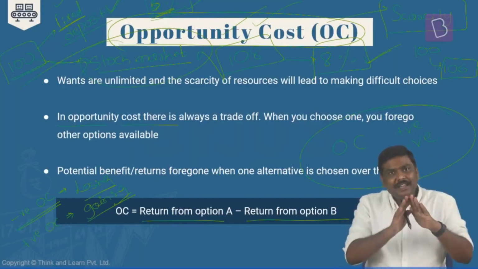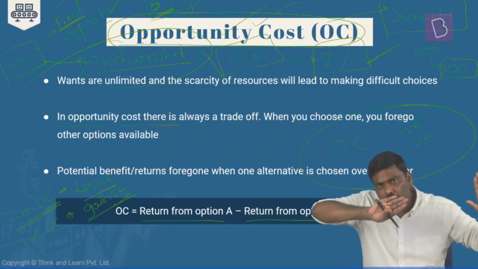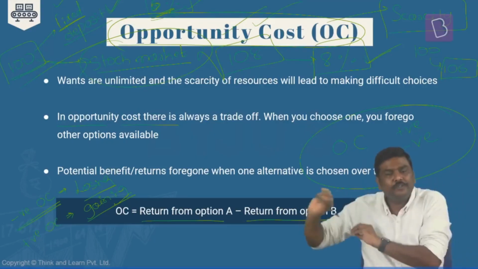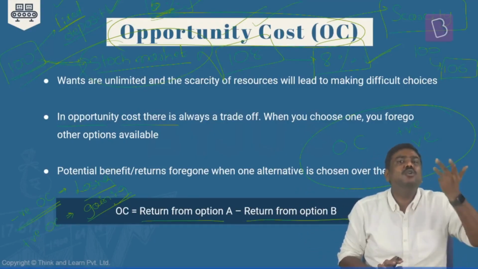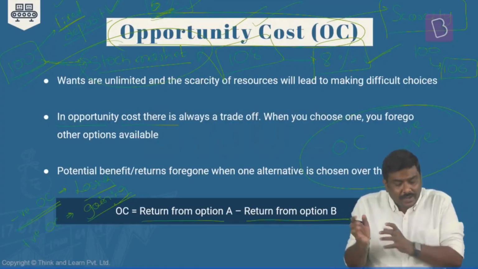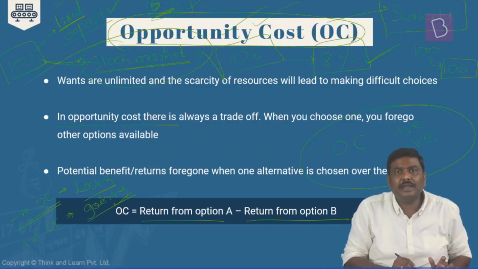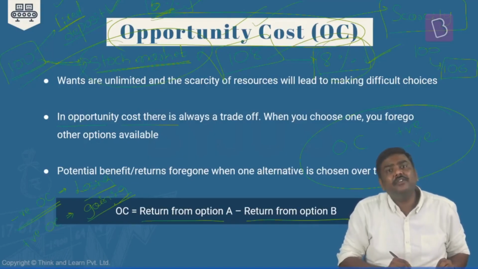But by choosing to keep money in fixed deposit, you chose not to invest in the stock market. Is the logic okay? Either of the one is possible. You chose fixed deposit, you foregone or left off making an investment in the stock market. You said, no, not possible now, only 100, I'll keep it in FD. But by foregoing a decision to invest in the stock market, you are losing an opportunity to earn 8% rate of interest.